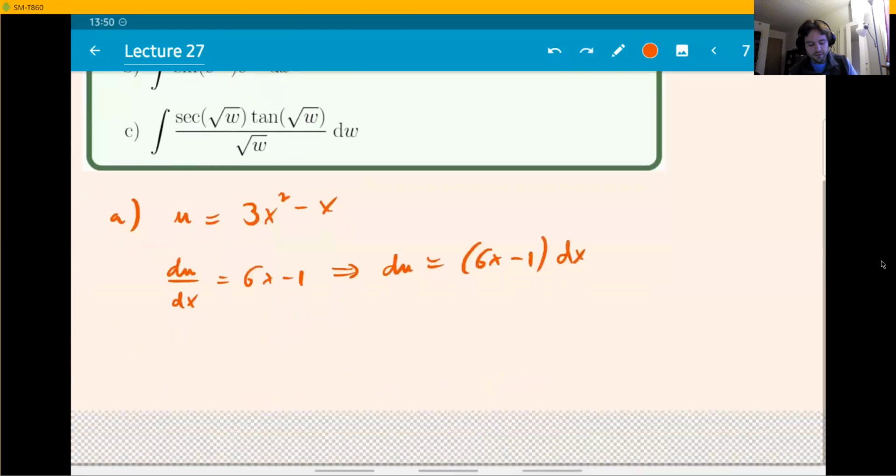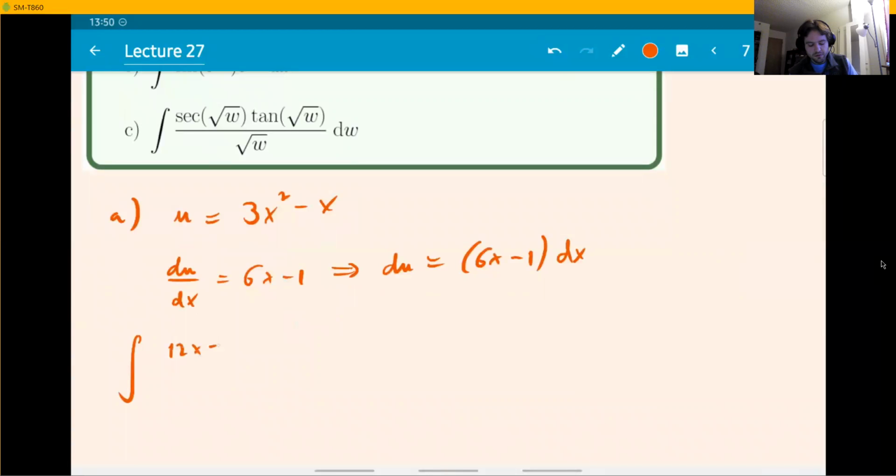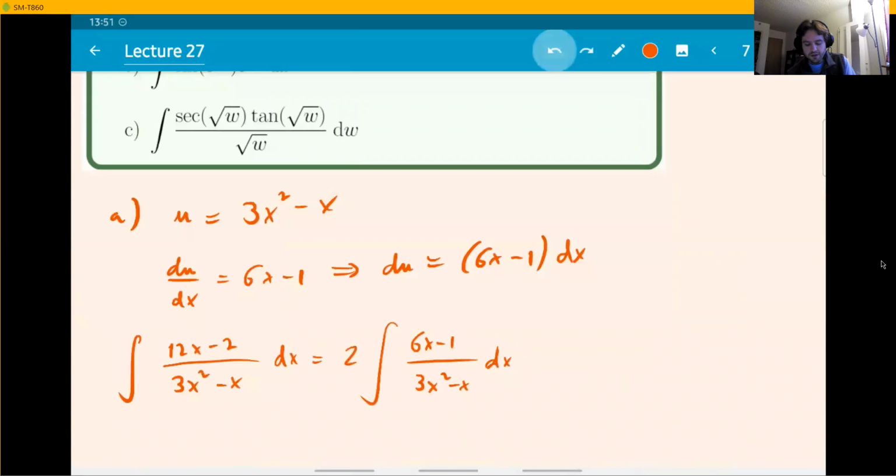We are going to write the original integral, which is this, in the following way. Factor a 2 from the numerator. And now 6x minus 1 times dx is the same thing as du, while the whole thing that's in the denominator is the thing that we called u. You see that we did not have to introduce a factor and then also cancel it out.